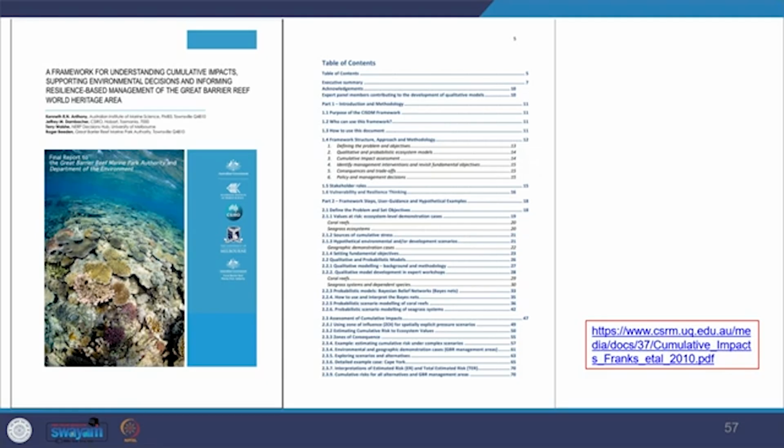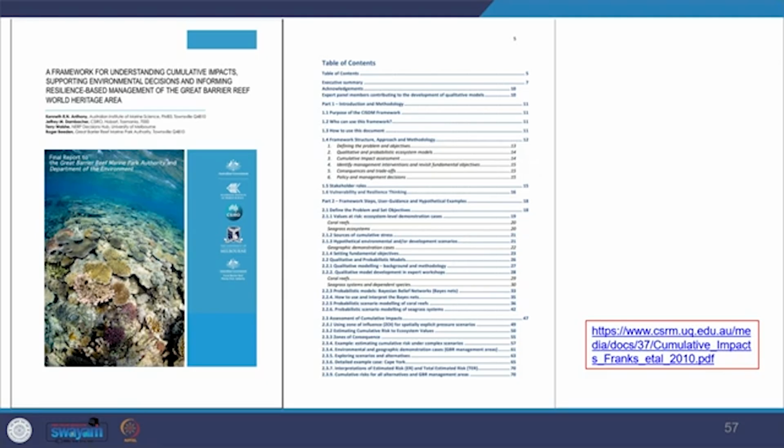You can have a skim through the table of contents. You see they have given you the framework, structure, approach, methodology, as well as what the risks involved here are, and then you look at various models which are available for usage for this particular domain and assessment.